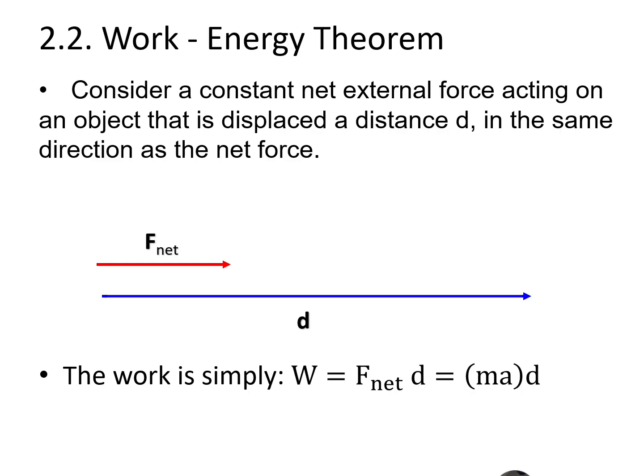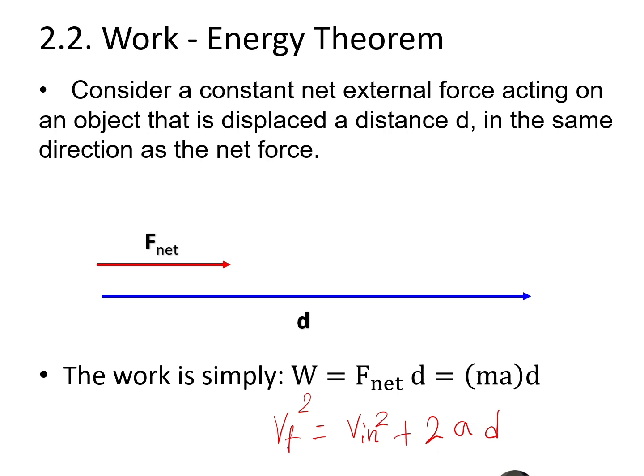This may look like a force problem, but it is about to become an energy problem. The key connection comes from kinematics. When acceleration is constant, we can relate initial speed, final speed, acceleration, and displacement using the equation v final squared equals v initial squared plus 2 times acceleration times the displacement d.